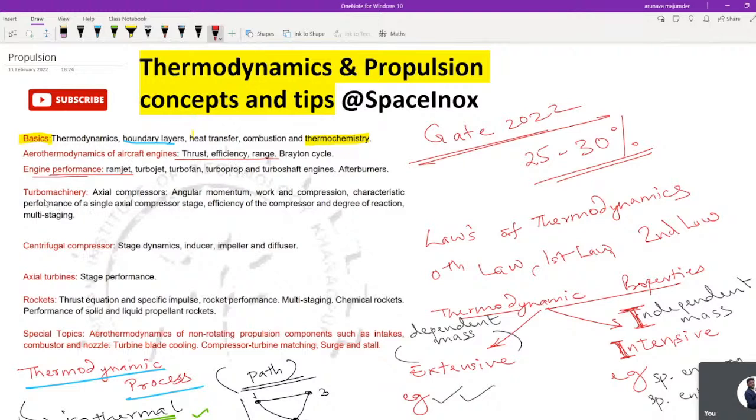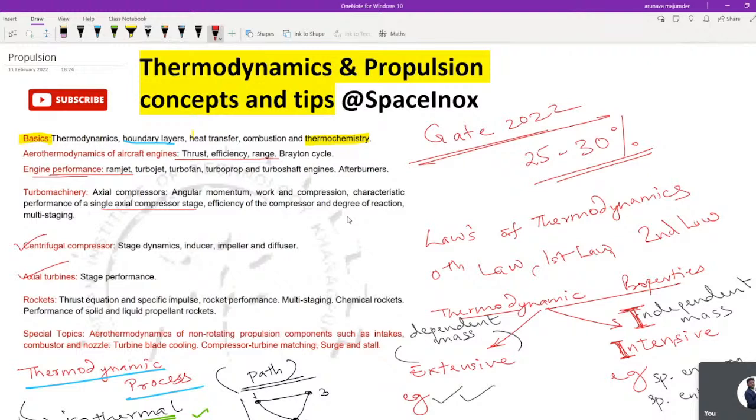One problem, then do not skip a problem on a centrifugal compressor or any type of compressor, axial compressor or centrifugal compressor, or axial turbine. Definitely, you can take like 2 to 6, 10.